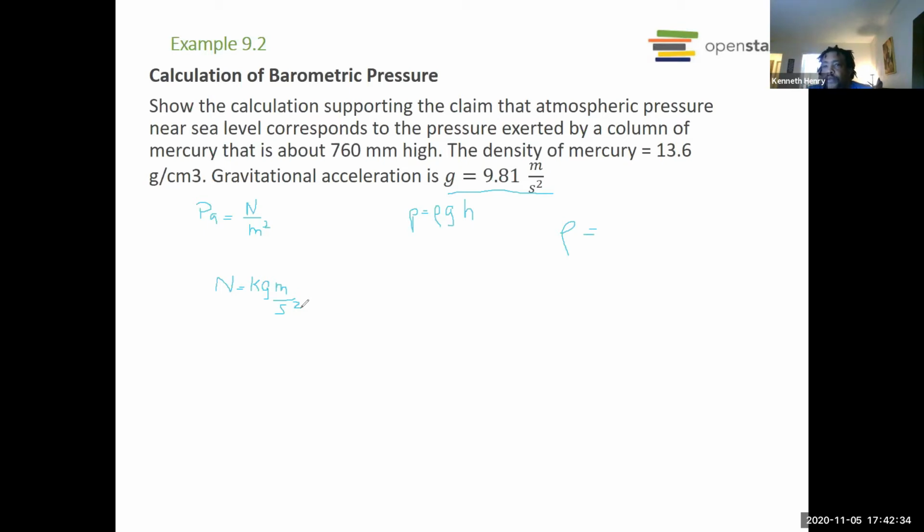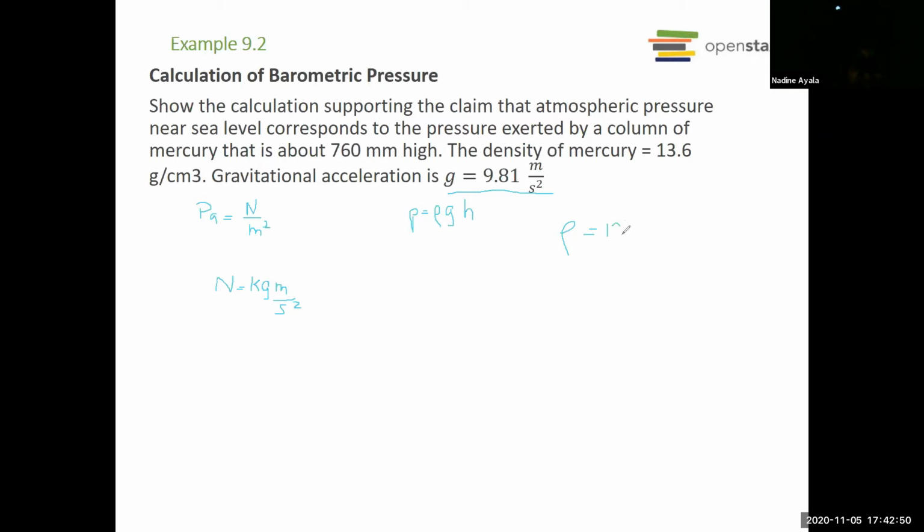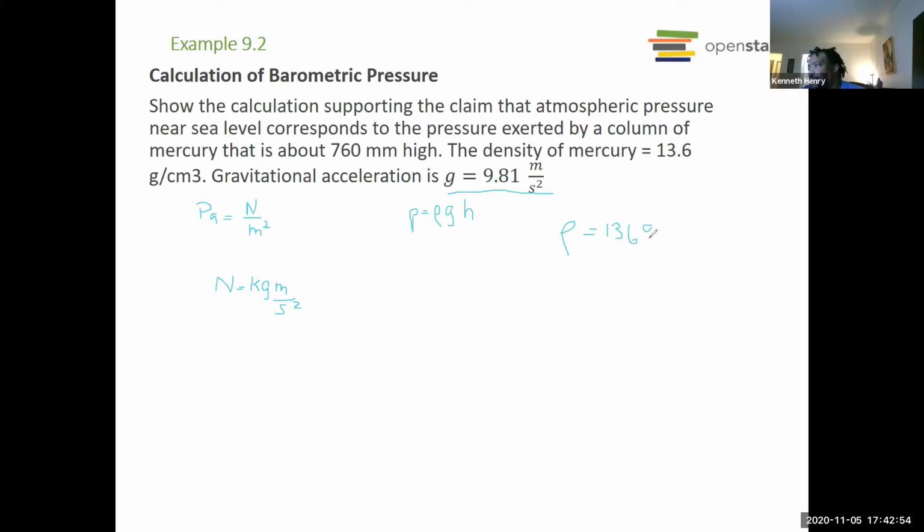Did you underline it? No, that's gravitational acceleration. Okay. Rho is density. So what is our density? 13.6. What are the units? Grams.